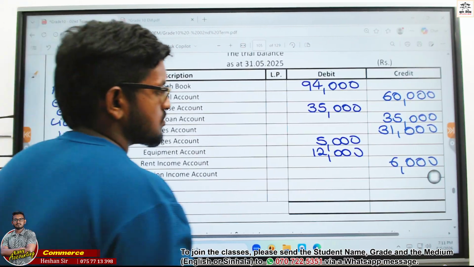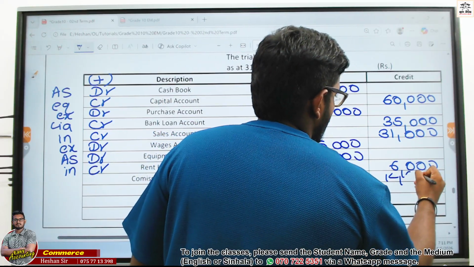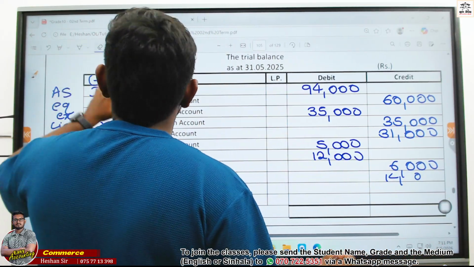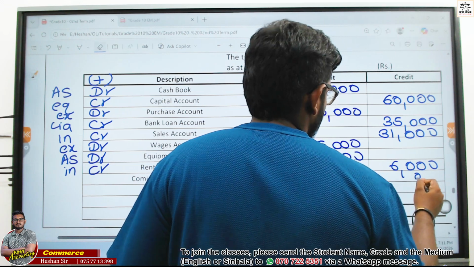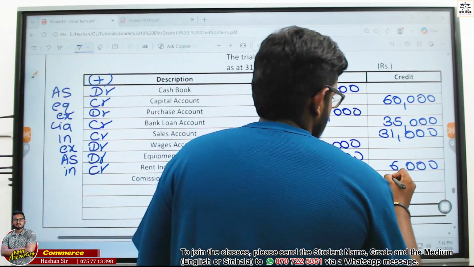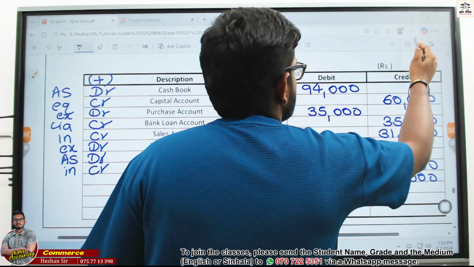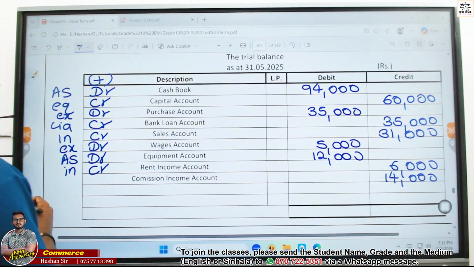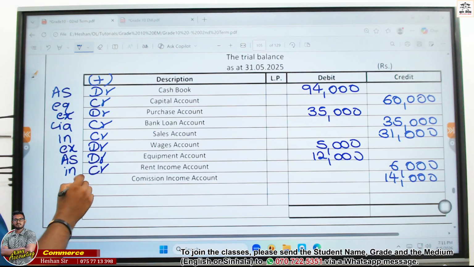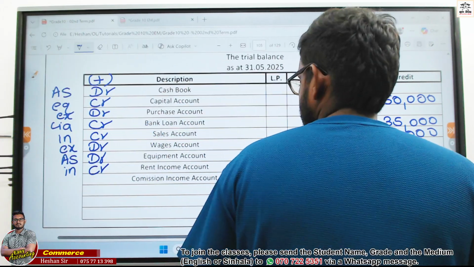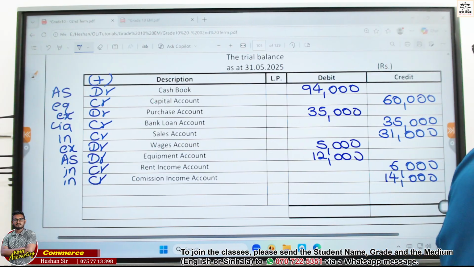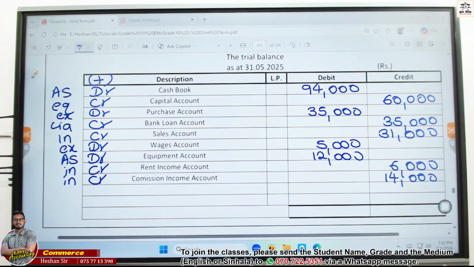Credit side 14,000. Can anyone tell me whether it's balancing or not? If it is balancing, how much is the balancing total? Commission income is an income account, goes to the credit side.